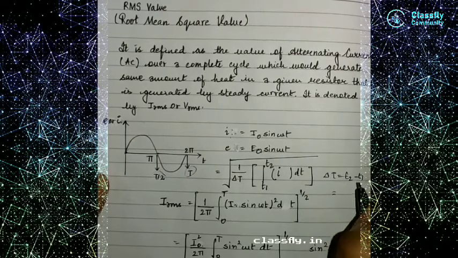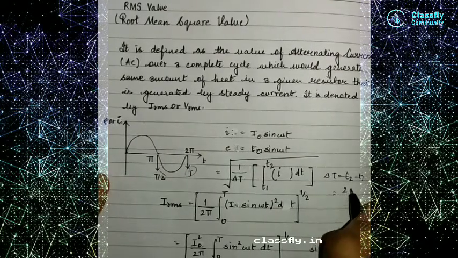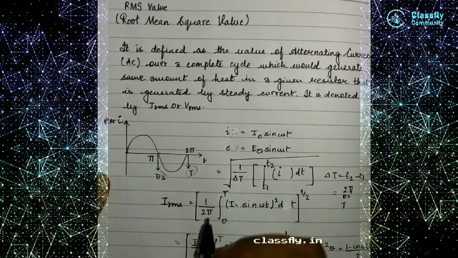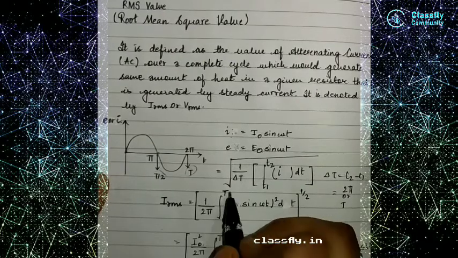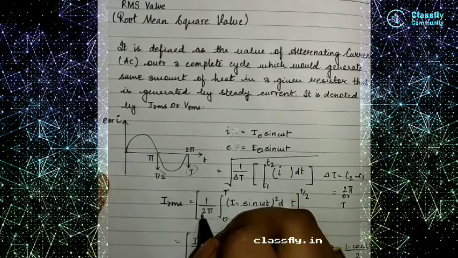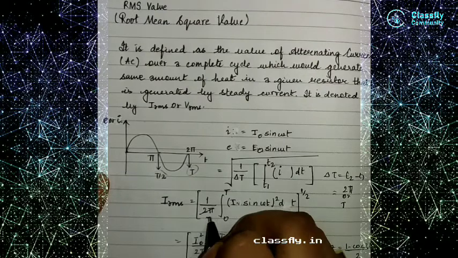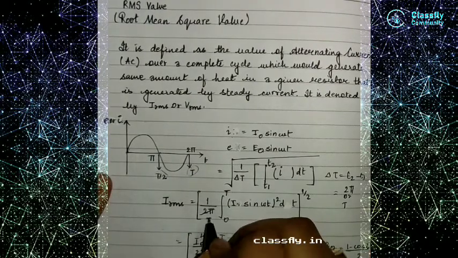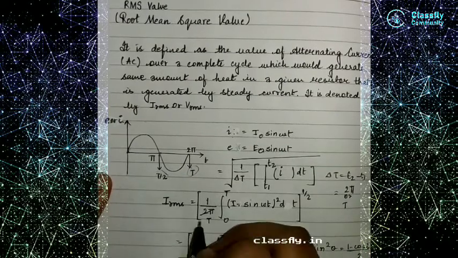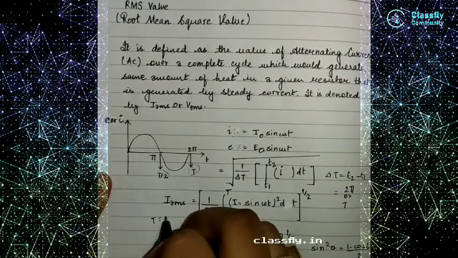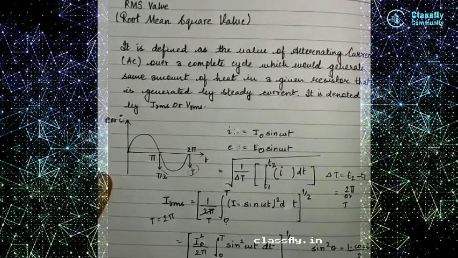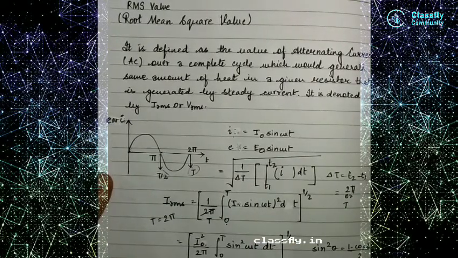We are performing the full cycle, so we write 2 pi. Here you can write 2 pi or T; afterward we can change, or you can write 2 pi also, there will be no problem. Just write that T is equal to 2 pi. This is from 0 to T, because the full cycle is 0 to T.